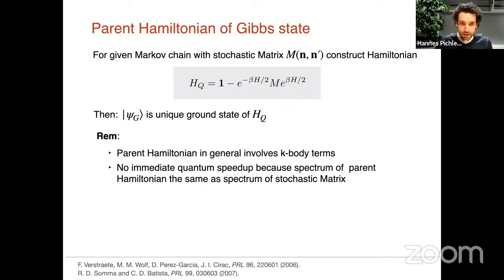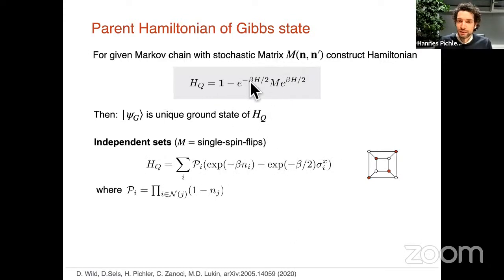Okay, and let me just tell you how this Hamiltonian looks like. For example, if I start with a Markov chain that would correspond to single spin flip updates for the independent set problem, if I take single spin flips here and I use my Gibbs distribution for the independent set problem, and I calculate this quantum Hamiltonian, this is what I get. It looks like an ugly Hamiltonian that contains some non-local projectors, and looks rather hard to implement.